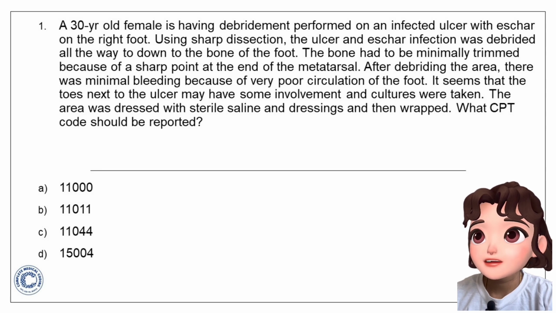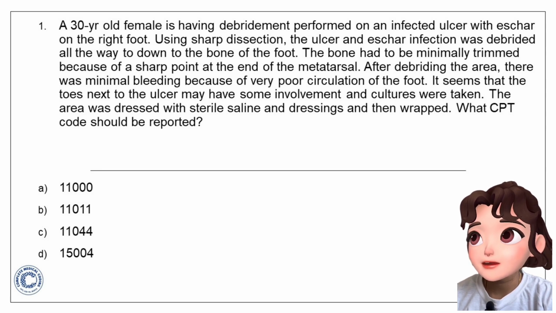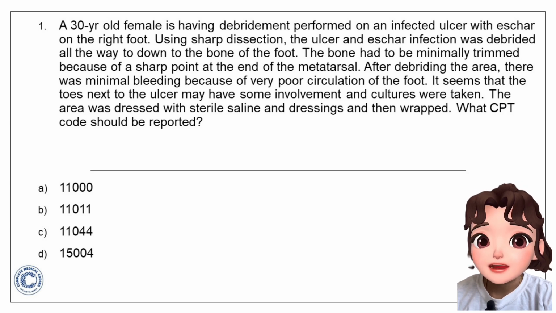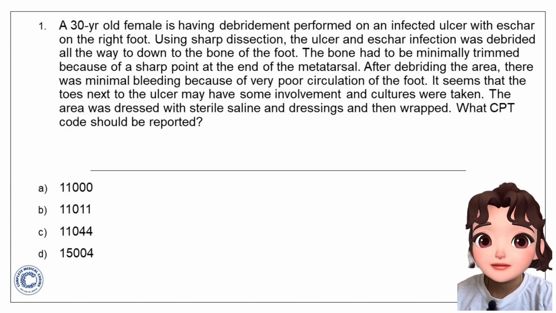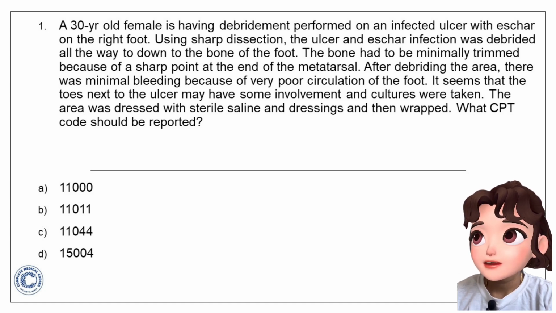A 30-year-old female is having debridement performed on an infected ulcer with SR on the right foot. Using sharp dissection, the ulcer and SR infection was debrided all the way down to the bone of the foot. The bone had to be minimally trimmed because of a sharp point at the end of the metatarsal.